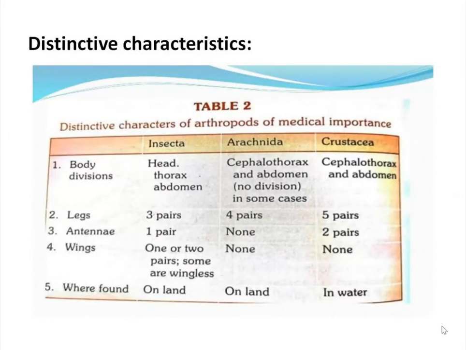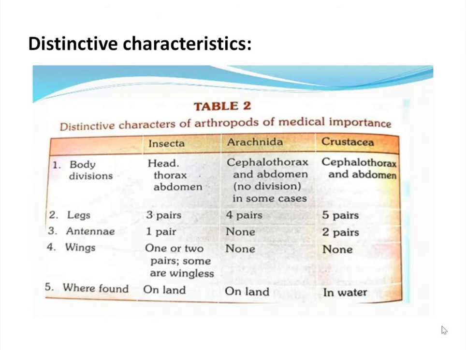Next, coming to distinctive characteristics. As we have seen three different classes, Insecta, Arachnida and Crustacea, what are the distinctive features to differentiate between these three classes? Let's see. Coming to the body division, basic arthropods usually contain three parts: head, thorax and abdomen.